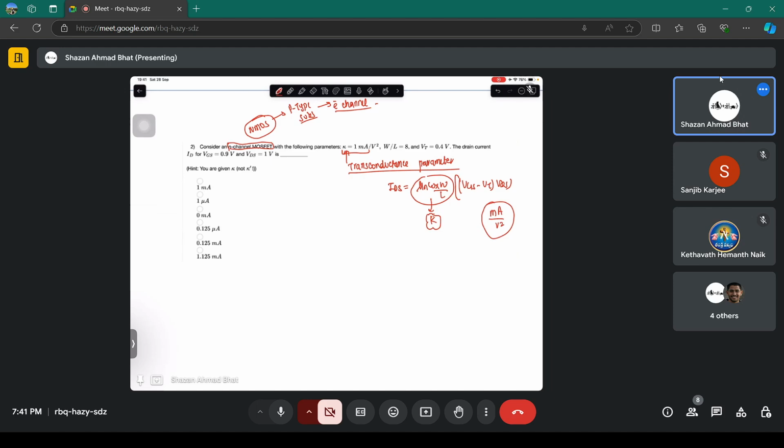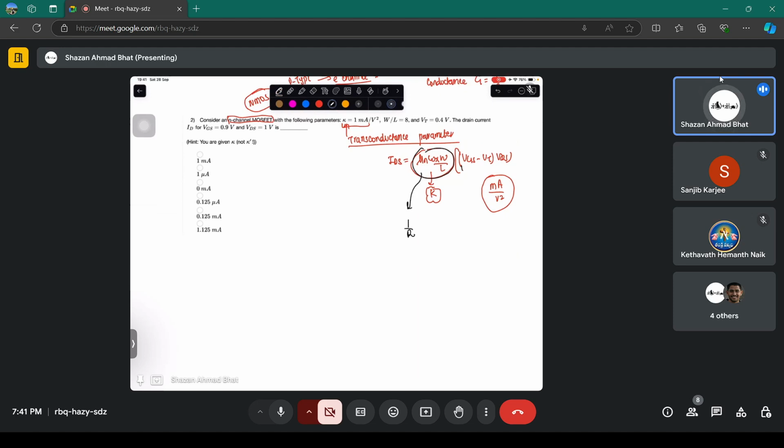What is basically conductance? Conductance you can write as G, that is 1 over resistance. That means this particular term is basically 1 over resistance, because this is voltage and this is current.